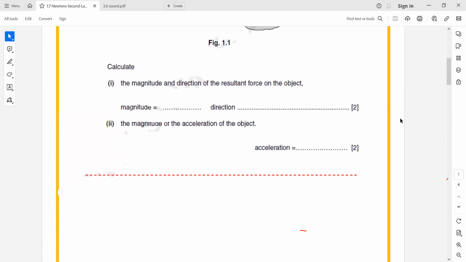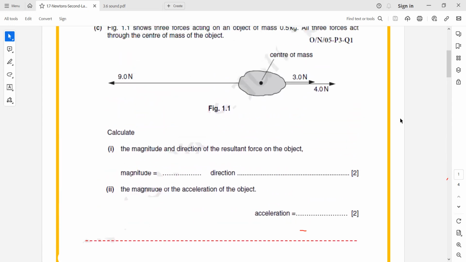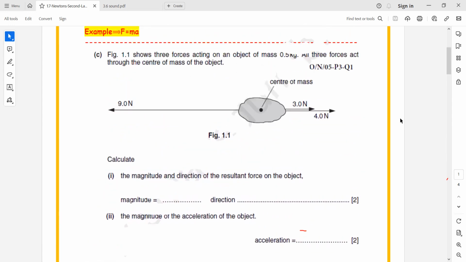See, now you have to find the magnitude of the acceleration of the object. As you can see, the mass of the body is given as 0.5 kg, and the magnitude of the force you found is 2 Newton.